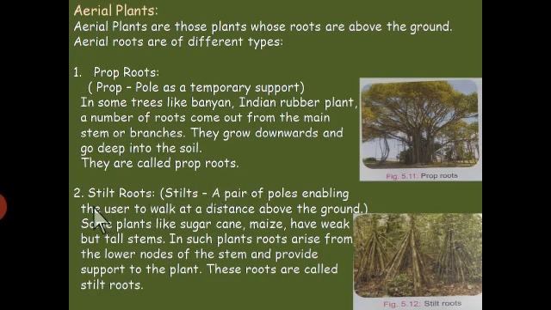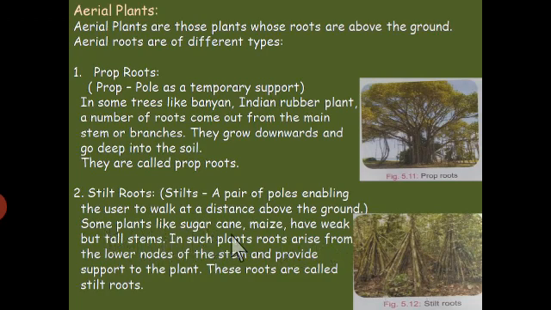The second type of aerial roots are stilt roots. Stilts are a pair of poles enabling the user to walk at a distance above the ground. That's why these roots are named stilt roots, because the roots look like stilts.